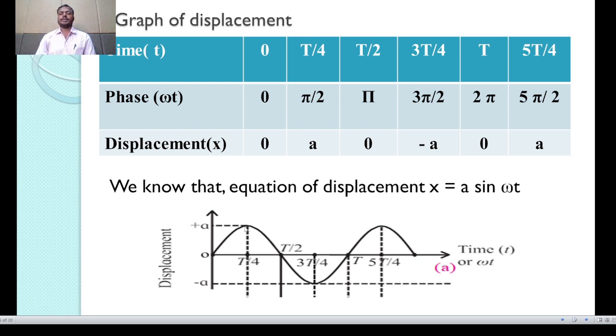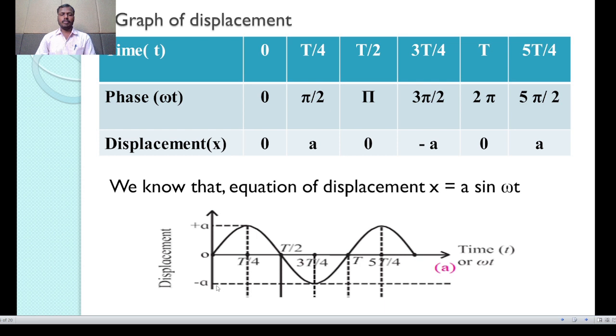Now next, putting the value pi, sin pi is 0, 0 multiplied by a is 0, so the equation becomes 0. Whenever the time is T/2, the displacement is 0. Putting the value 3 pi/2, that is sin 270, which is minus 1 into a, that is minus a.